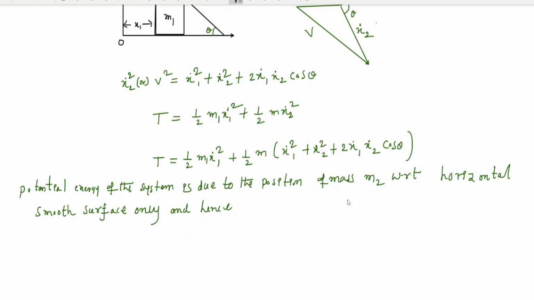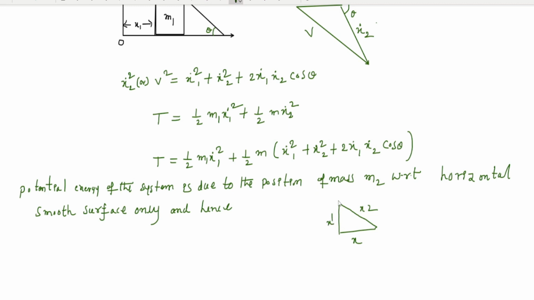So it is better to draw one more diagram. This is x2, this is x total, this is x prime.